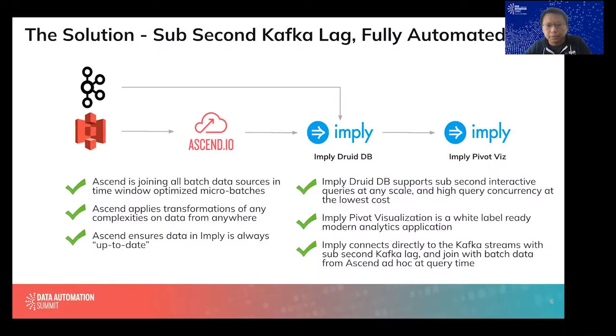So that may seem too good to be true, but we'll also demo this part in a little bit. There's some potential challenge with this as well, which is that if sub-second Kafka lag is the goal, then there's really not a ton of transformation and joins and complex logic that could be applied to the Kafka stream before it's been shown, right?